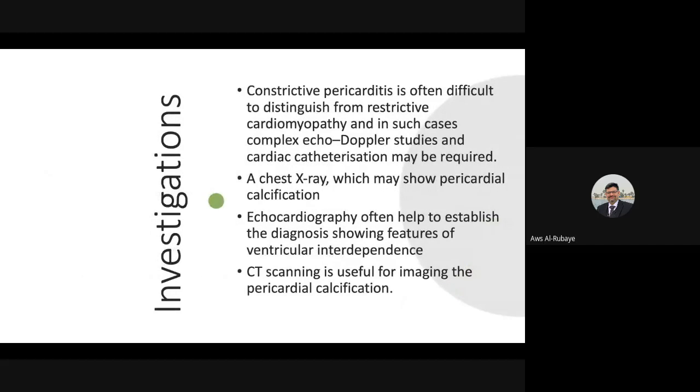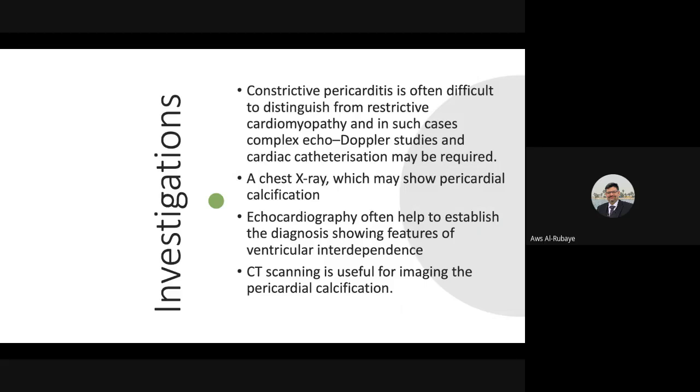This condition is often difficult to distinguish from restrictive cardiomyopathy, and in such cases we may need echo, Doppler studies, and even catheterization. There are many features in common between them, and there are others that differentiate constrictive pericarditis from restrictive cardiomyopathy. This is a difficult subject, and I have not entered into the details.